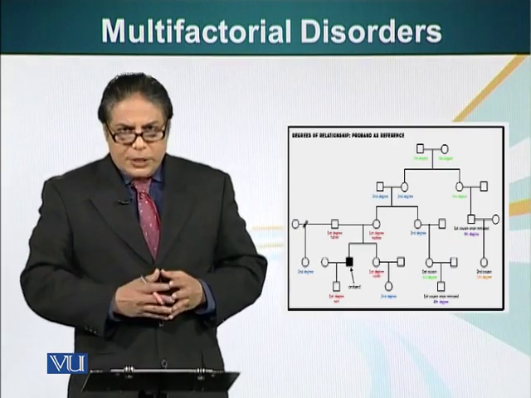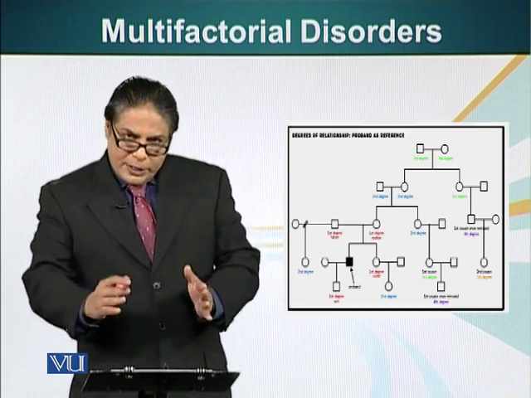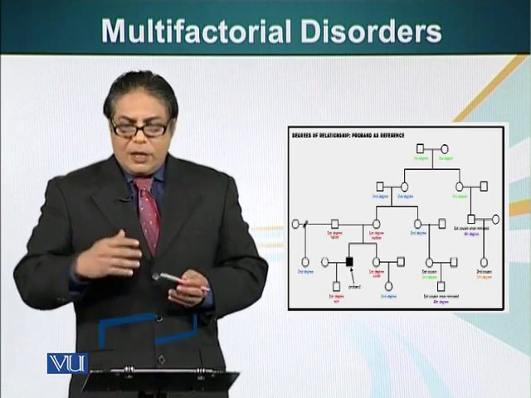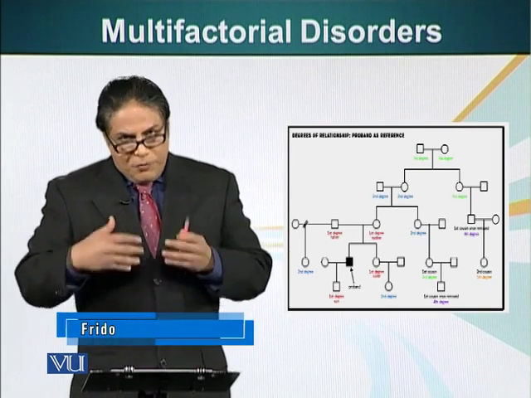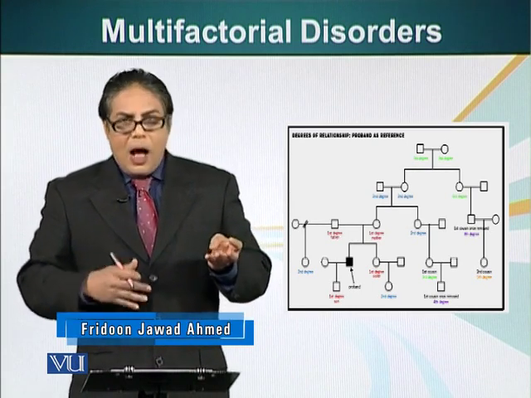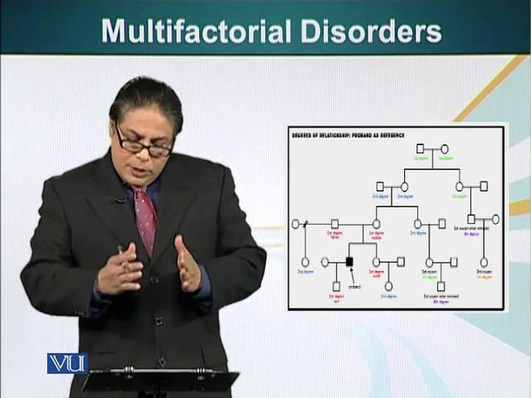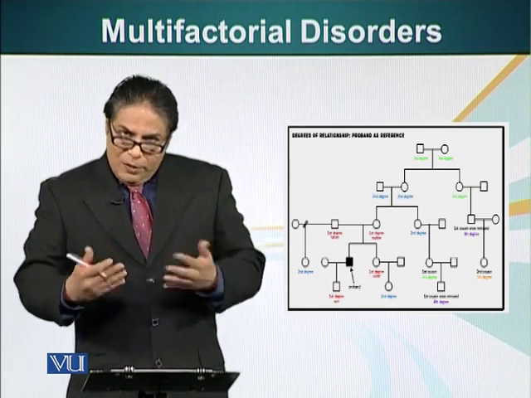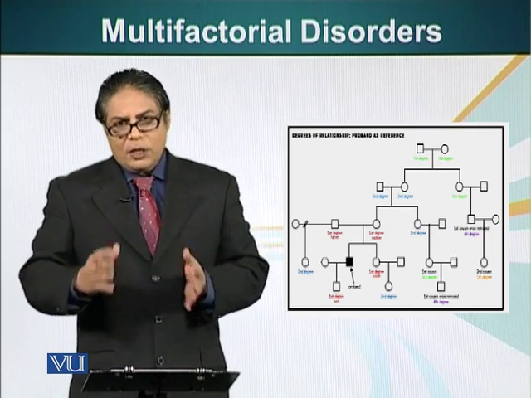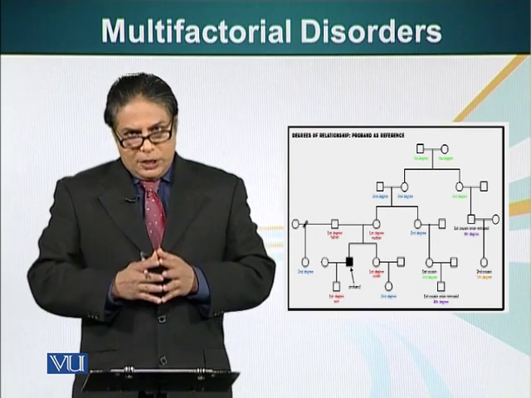Here on the screen you can see a pedigree, which tells us the degree of relationship. The first degree relatives are the ones we share 50% of our genes with. For example, our parents, our brothers and sisters, our children. These people are our first degree relatives. The second degree relatives, of course, are the ones with whom we share 25% of our genes.